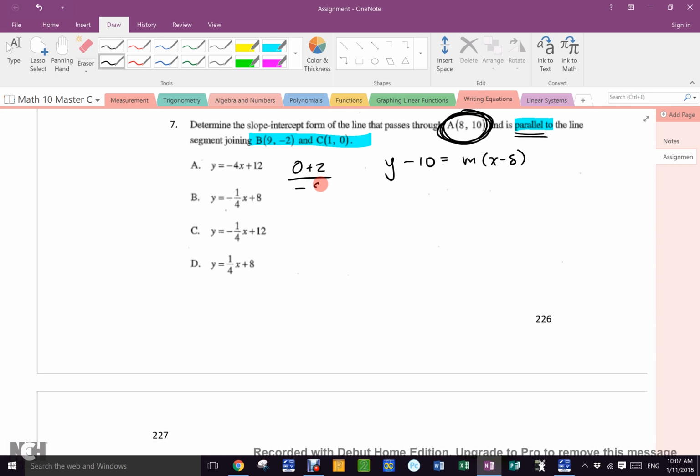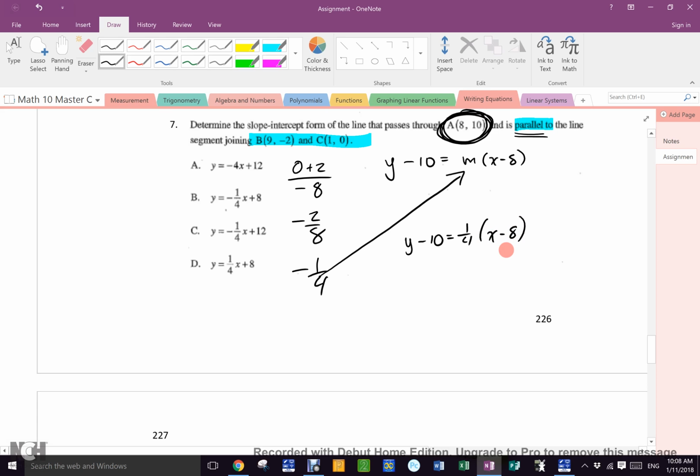Negative 1/4. So that's your m. Where does it go? In for m, which is right up here. There we go. So now I have y minus 10 equals negative 1/4 times x minus 8.